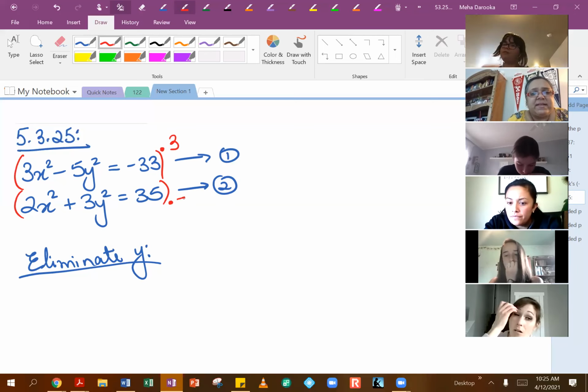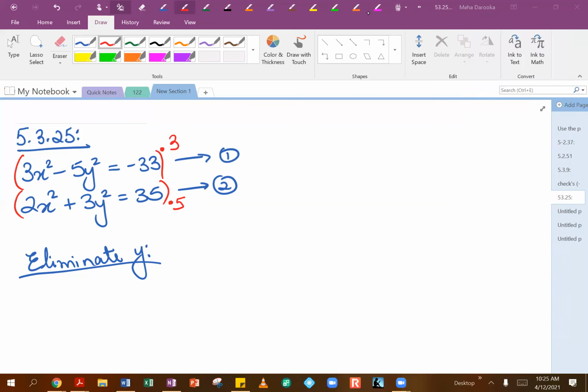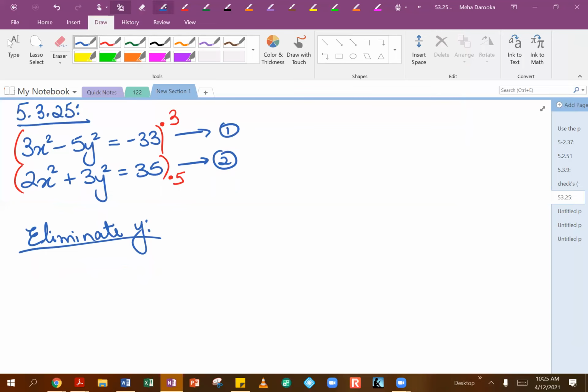Yeah, so if you want to get these to be positive and negative 15, multiply the top equation by 3 and the second one by 5. Let's see what that will end up giving us. So we are adding 3 times equation 1 with 5 times equation 2.